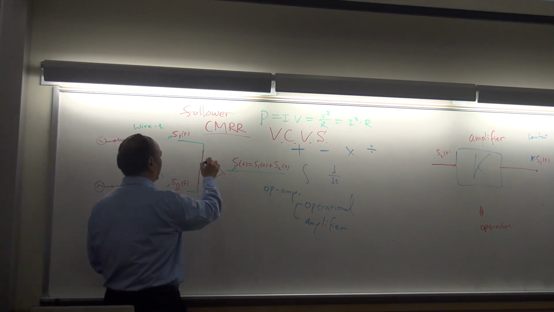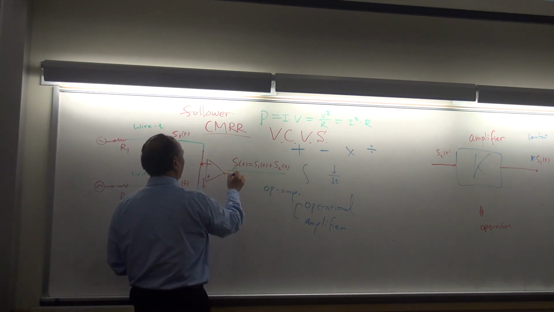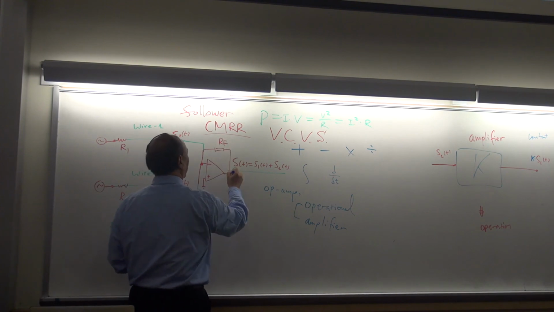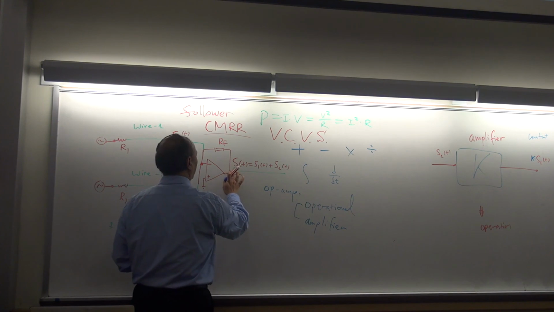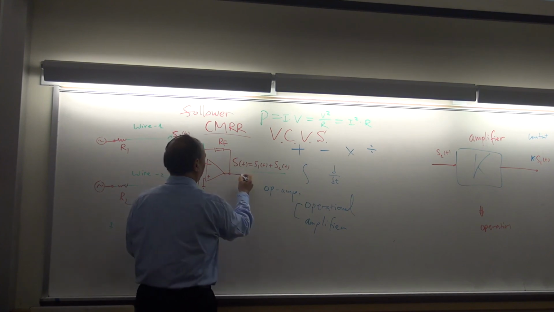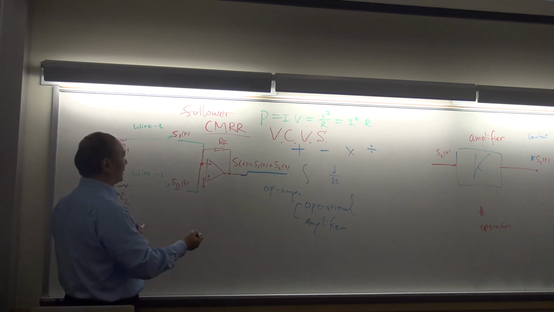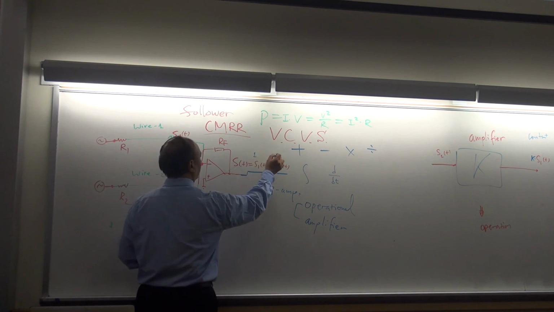Then you put RF to here. Now this is the summation. How you can tune this: this is 1 and this is also 1.